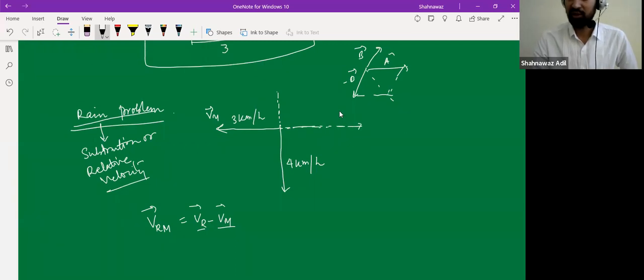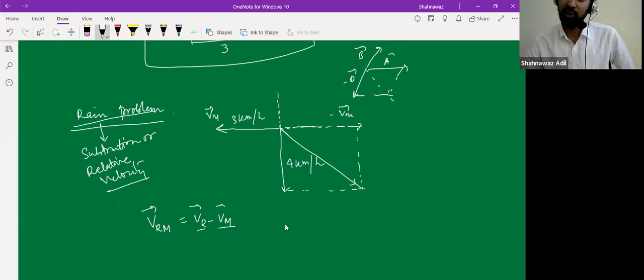So this is minus VM, right? And now we will calculate the resultant. So this is VM and this is rain. Understood my point? So this is what?